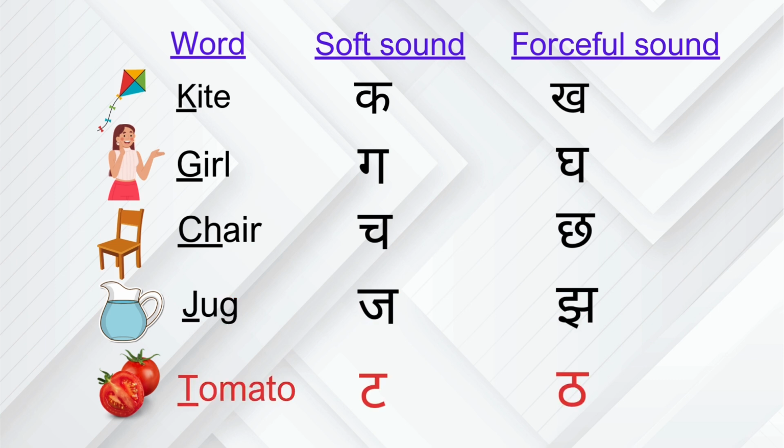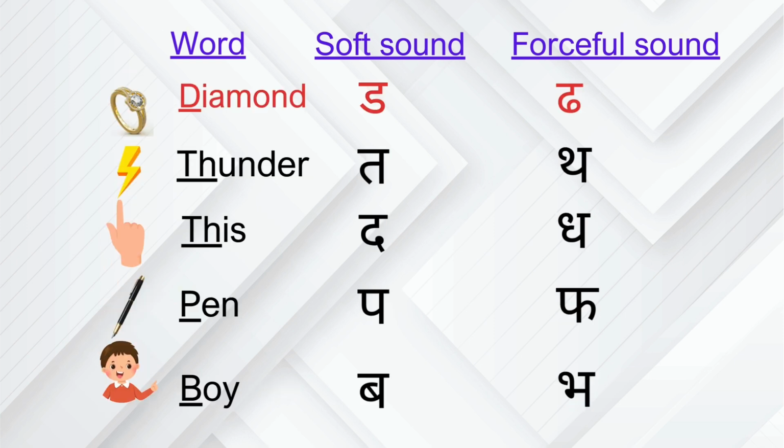Tomato, t, th. Diamond, d, dh. Thunder, th, th. This, the, dha. Pen, p, pha.